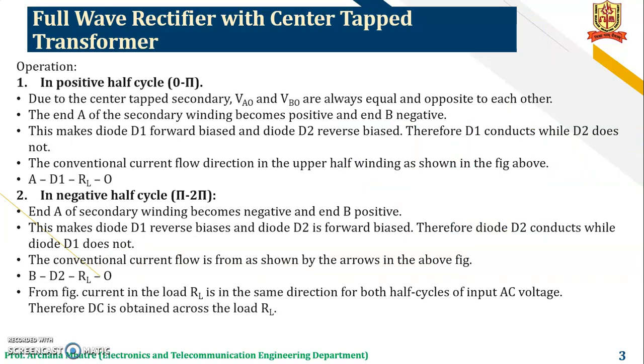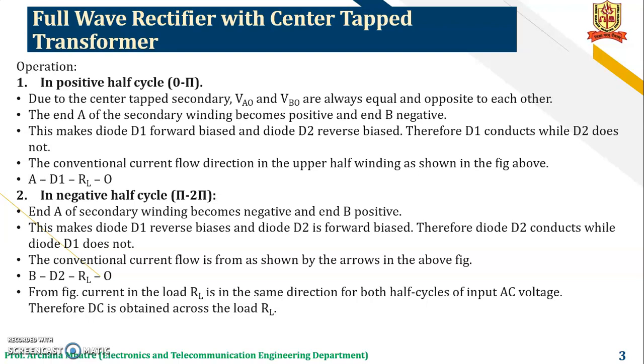Now the operation of the full wave rectifier with center tap transformer. First, in the positive half cycle, that is 0 to pi duration, due to the center tap secondary, VAO and VBO are always equal and opposite to each other. The end A of the secondary winding becomes positive and end B becomes negative.